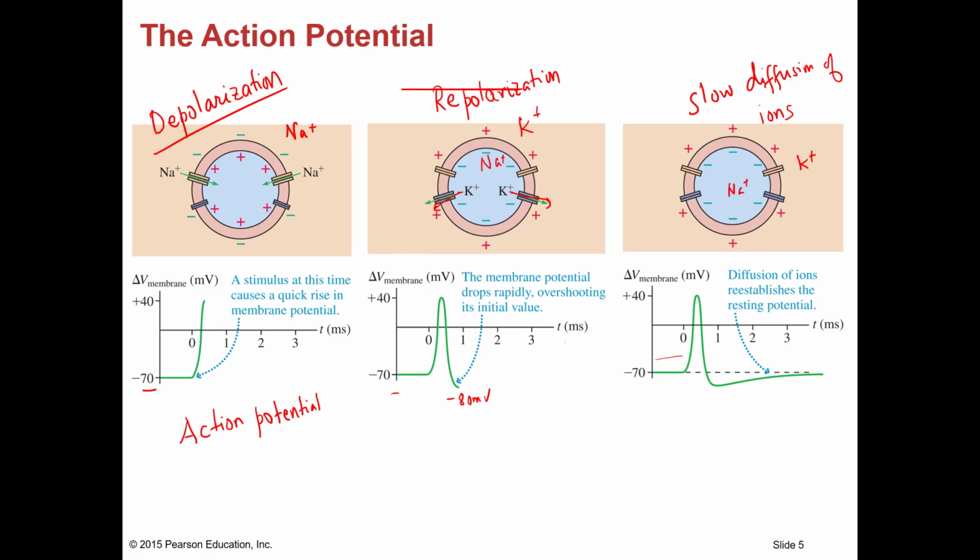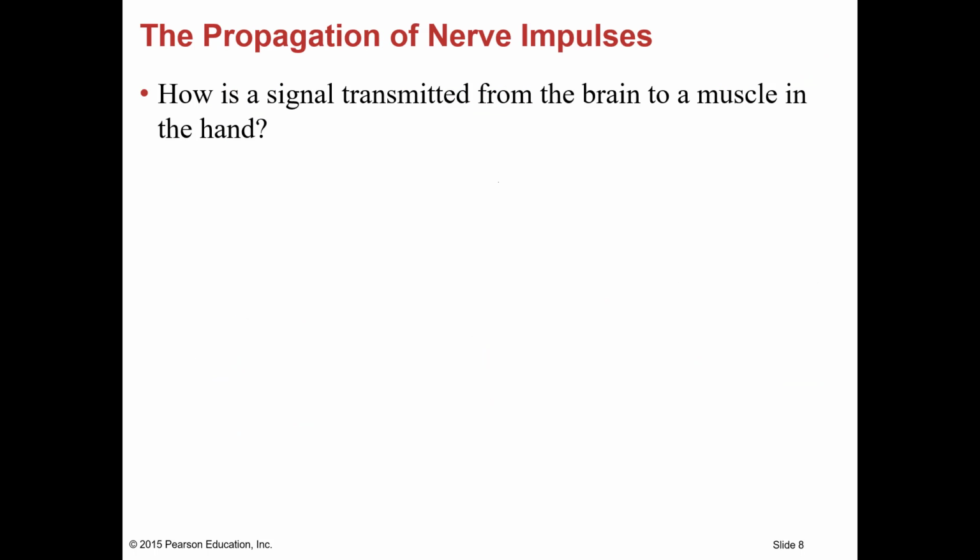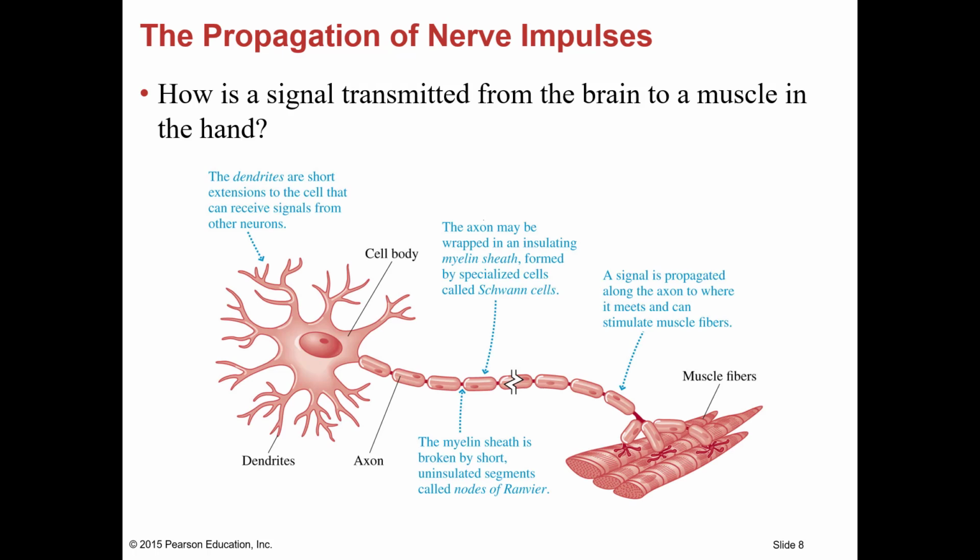Now, how are signals transmitted from brain to muscle? The signals are transferred from brain to muscle through the neurons. That's the neuron, and neurons have these parts. They have dendrites. These branches are called dendrites. There is this whole structure called the cell body, which has the nucleus.